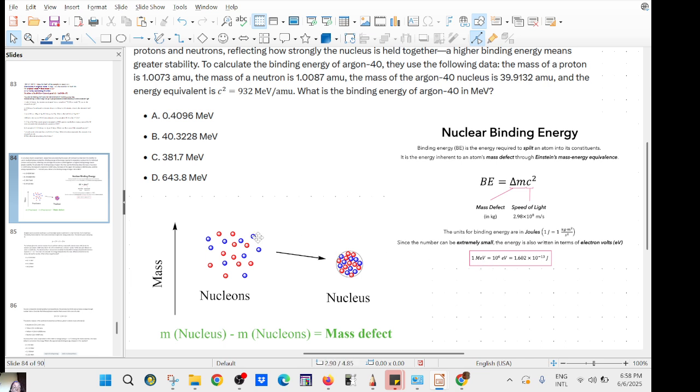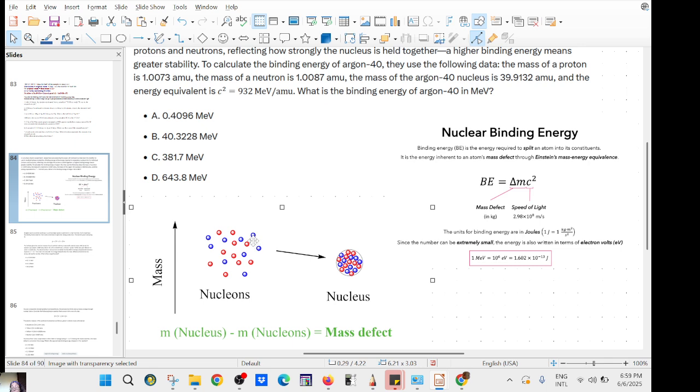Okay, so likewise, when you have a nucleus, you have to glue all those nucleons together. All those nucleons have to be forced together, have to be squeezed, because you have high temperature and high pressure, say in a star, and then the strong nuclear force will take over, and in that case, some of the mass will be lost.